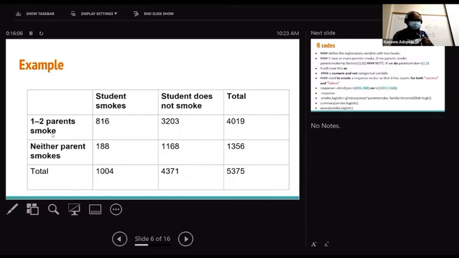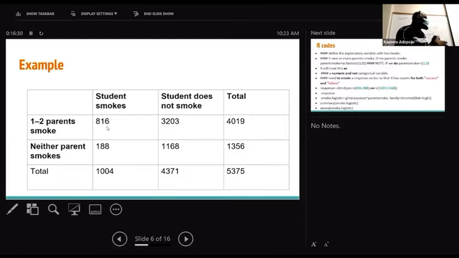The total number of one or two parents that smoke is 4,019. Neither parent, the totality of that is 1,356. And when you look at the 816 right here, 816 is a student who smokes, given that one or two parents smoke as well.